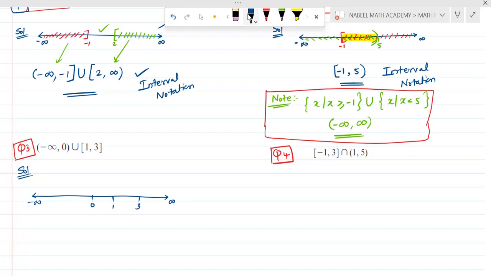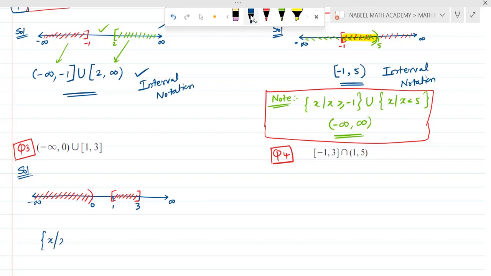So let us go with the first one. For the first one, it is open to the right. And here it is closed at 1, closed at 3, so between 1 and 3 both are included. So this is the graph of the interval notation. Now the set builder, what is it for this one?